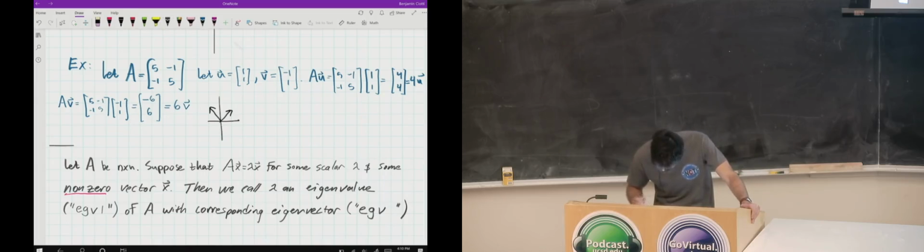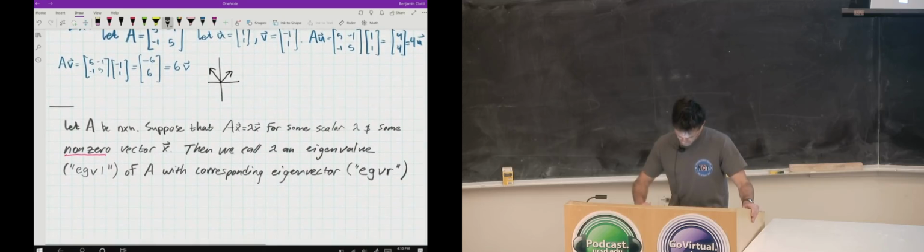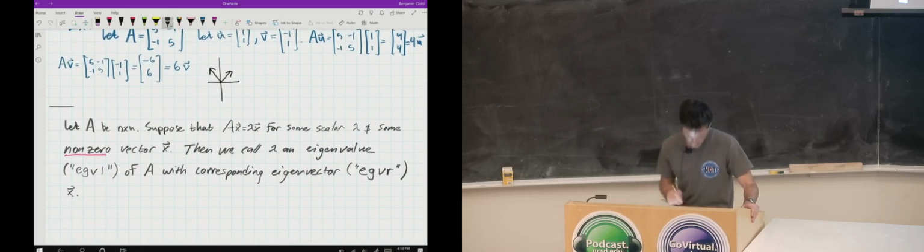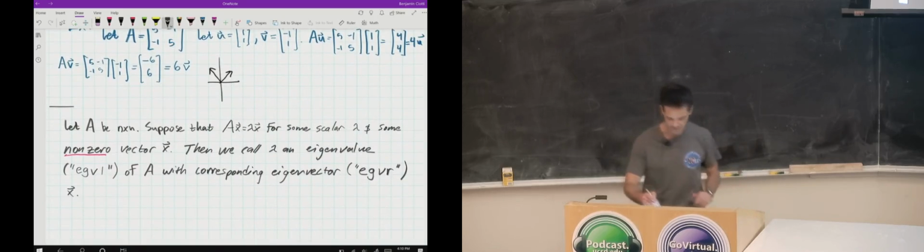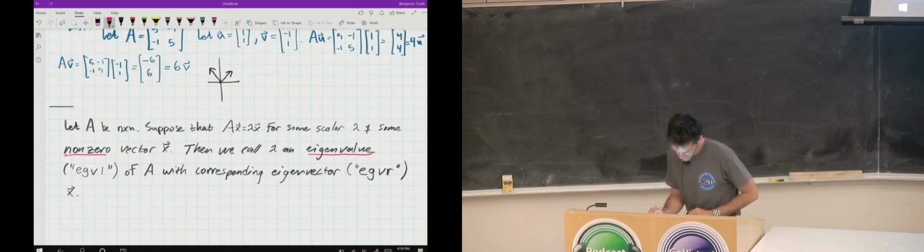Okay, so there's the definition of eigenvalue and eigenvector.